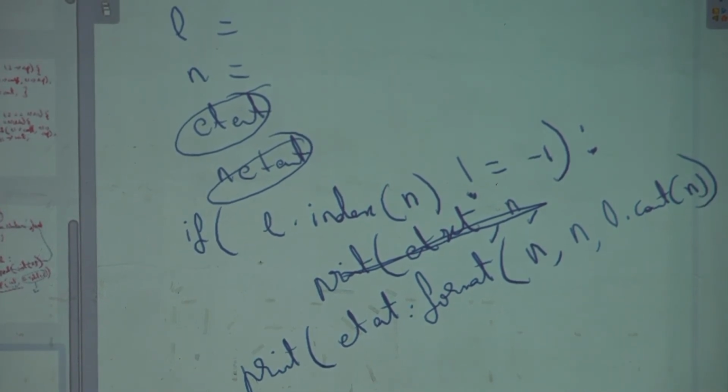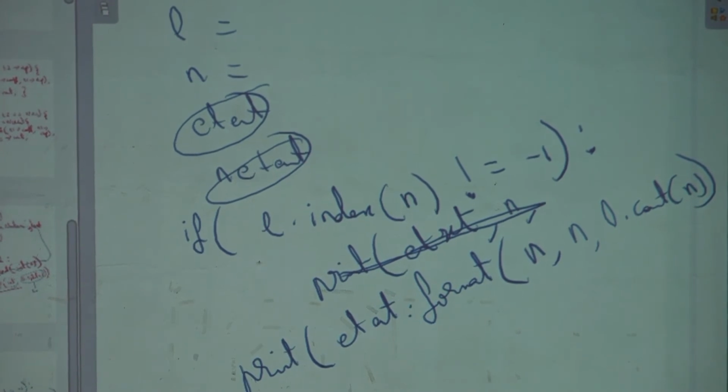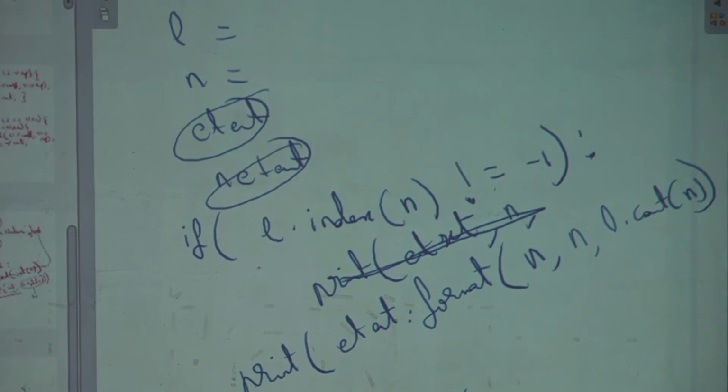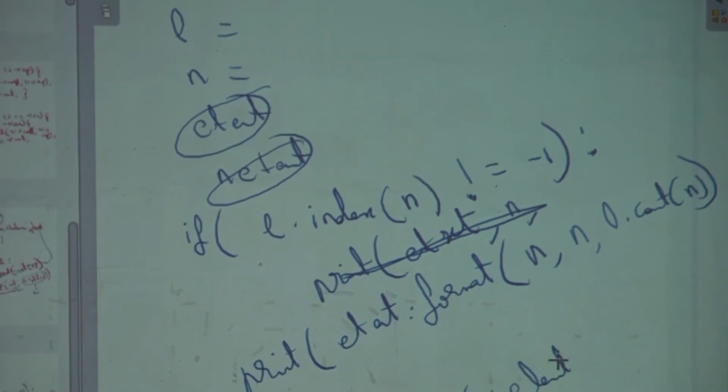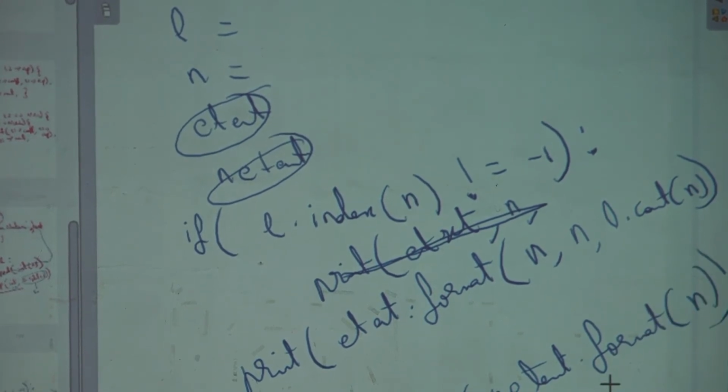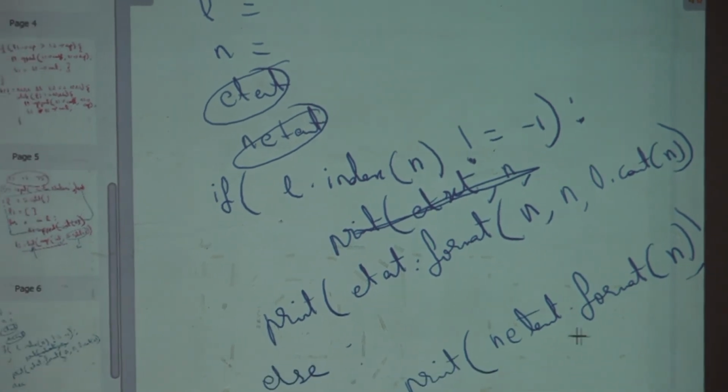Correct? Else, what do I do? Else I print. What will I print? I will print anyText. Dot format. Only n. Okay.